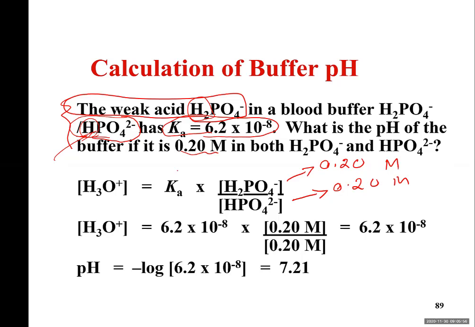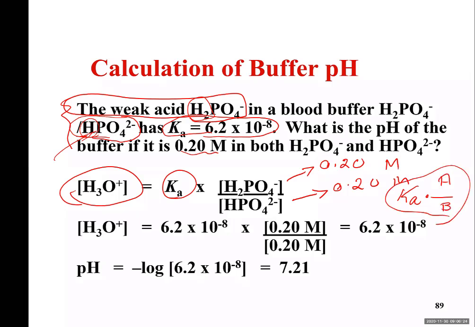Ka is given to you. You want to calculate pH, all you have to do is write the formula for hydronium ion, which is Ka times the concentration of the acidic form over the concentration of the conjugate base. To memorize this is easy: Ka times A over B. Can you memorize this? A for the acid, B for the base.